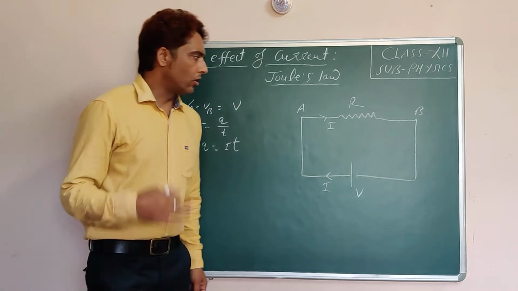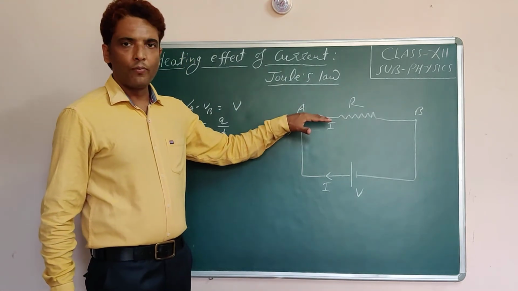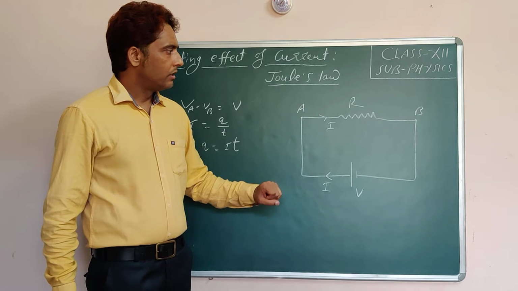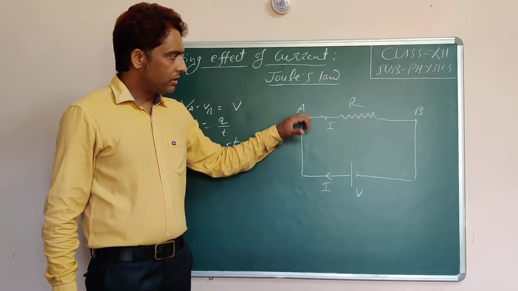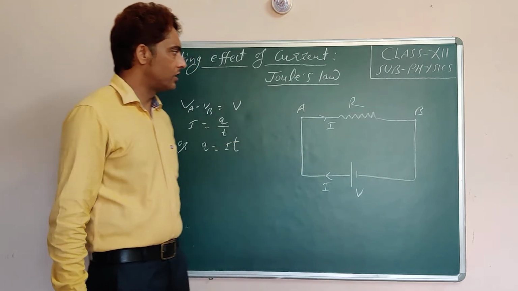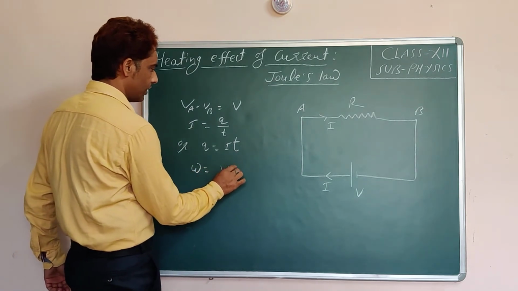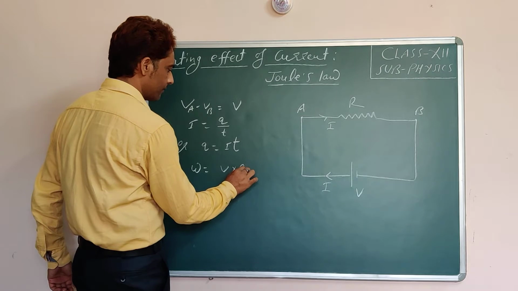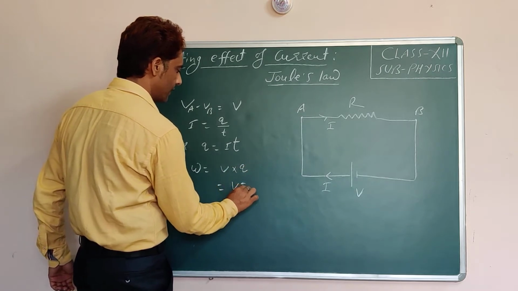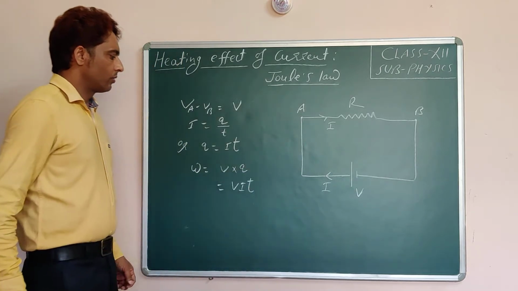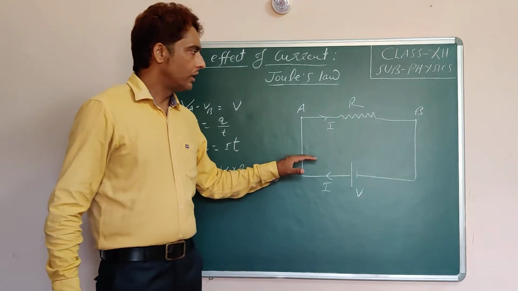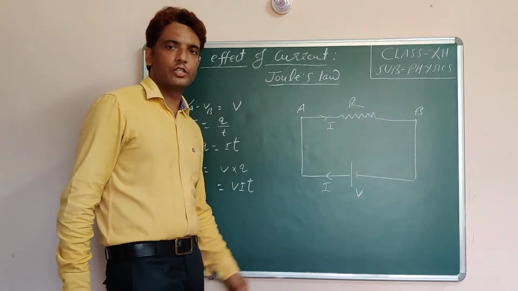Now, in order to make the current flow through the conductor, some work is done, and that work done is equal to potential difference into charge, that is equal to VIT. So this work done is converted into heat energy.